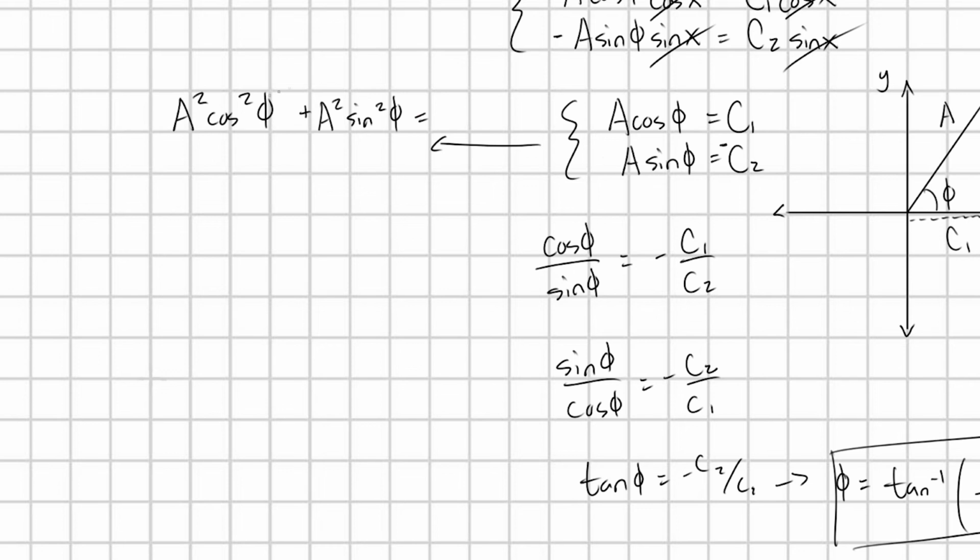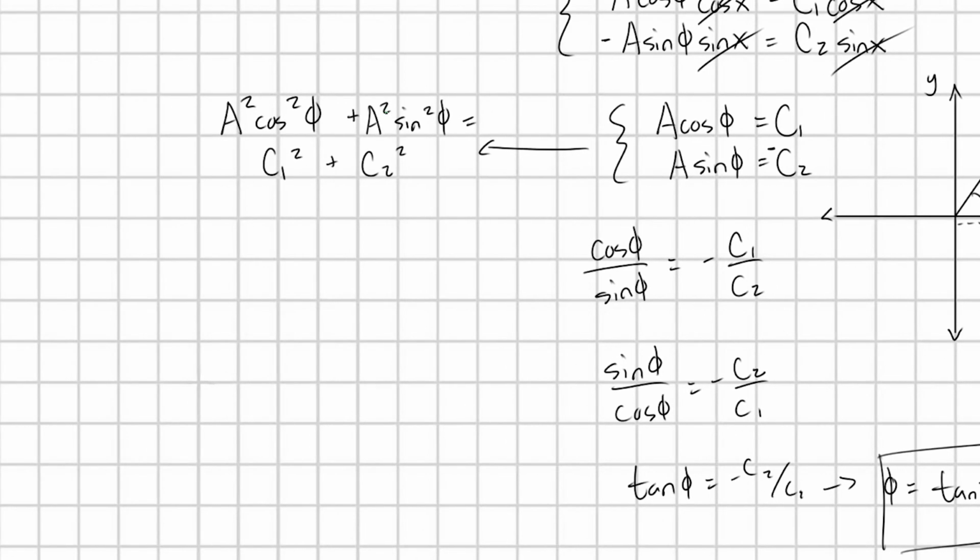And this, of course, is going to equal C1 squared plus C2 squared. I'll write this more explicitly as A squared times cosine squared phi plus sine squared phi, and this equals C1 squared plus C2 squared. This, of course, just equals 1, right?